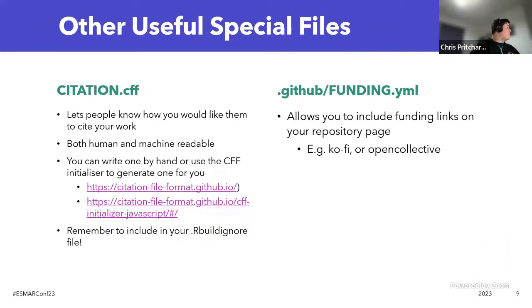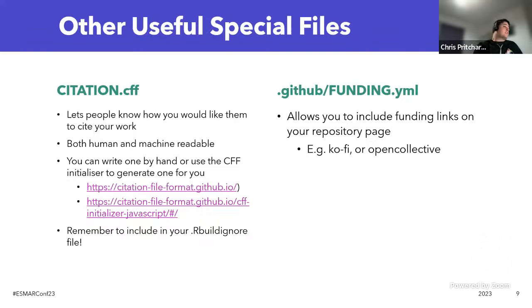Despite that, you can write one by hand if you want, but there is an online tool, the citation file format tool, that lets you generate one, and I'll put those links in the chat on Zoom, and we'll get round to putting them in Slack and Twitter at some point.